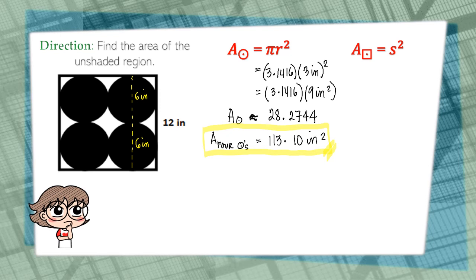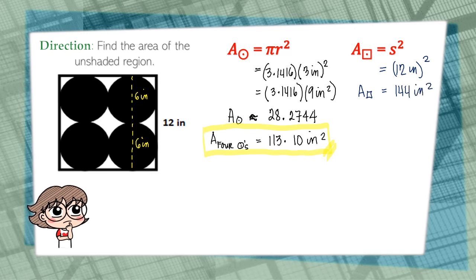So of course, this is very quick. Side is 12, so 12 inches. Simply square it, and that means we would have area of square is equal to 144 inches squared, and we are done with the area of our square.